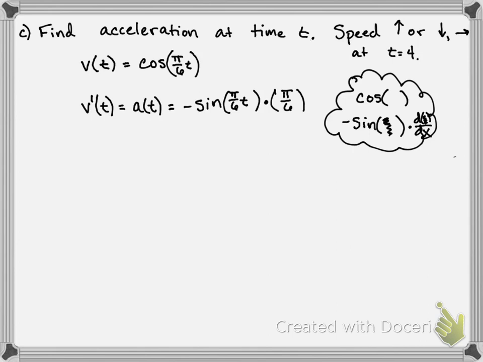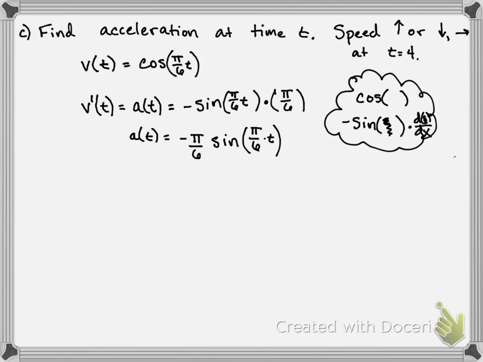That's a number over a number. So this would simplify to our acceleration being negative, bringing the pi over 6 out front, sine of pi over 6 times t. So you have your acceleration at time t.